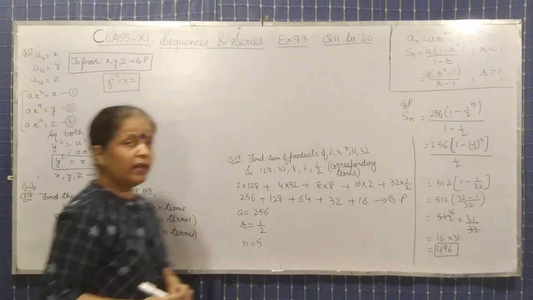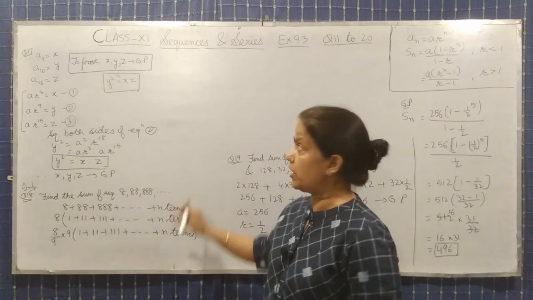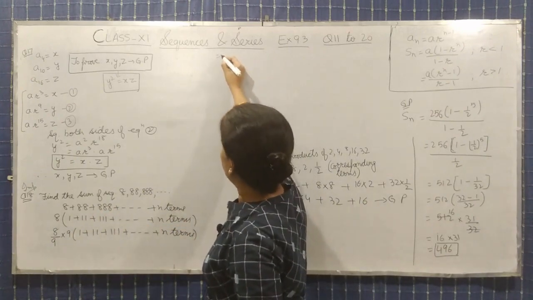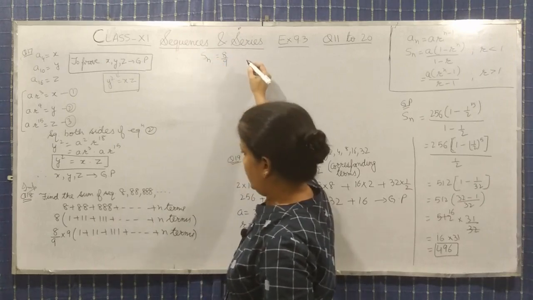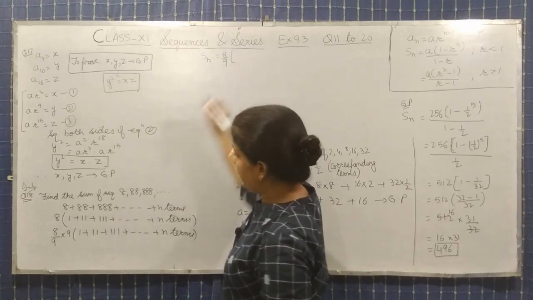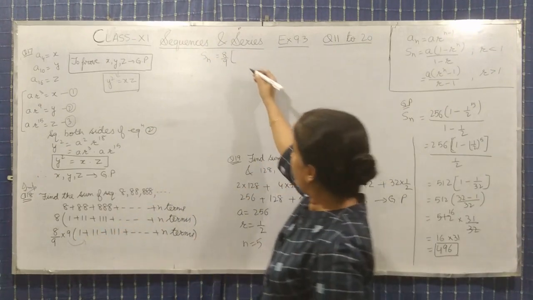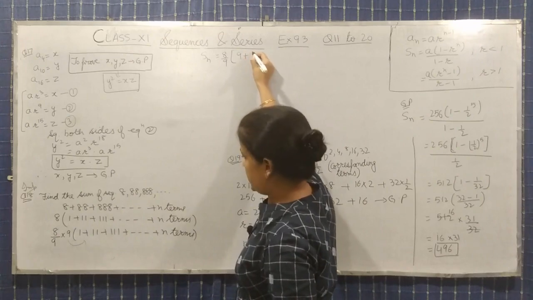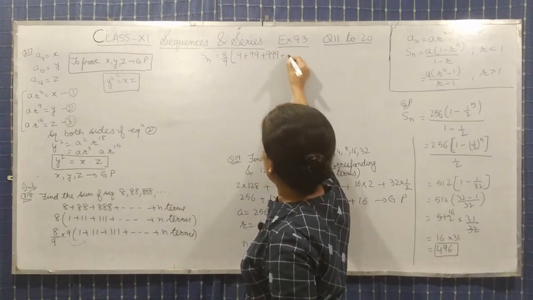Now, in the next step, the upper 9 you will take inside. So it will become 8 upon 9. You will take this 9 inside, so it will be multiplied with all the numbers: 9 plus 99, 999 and so on.